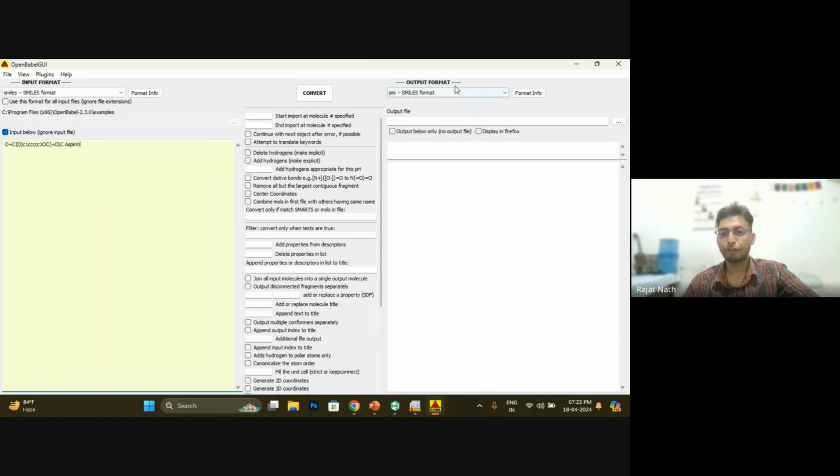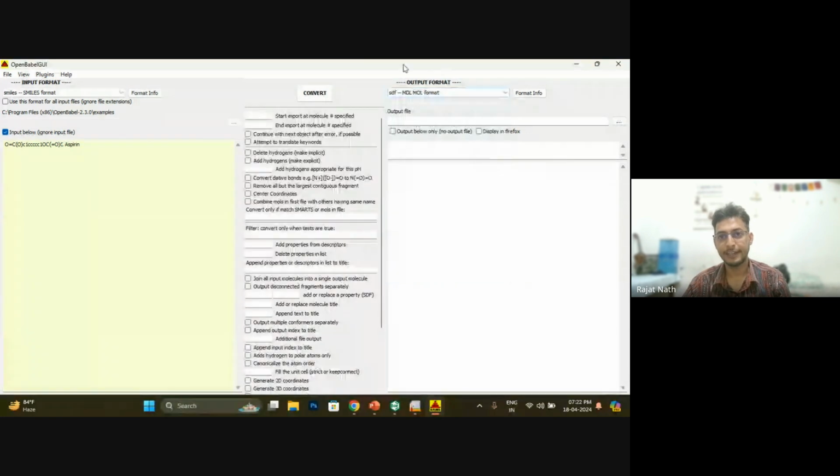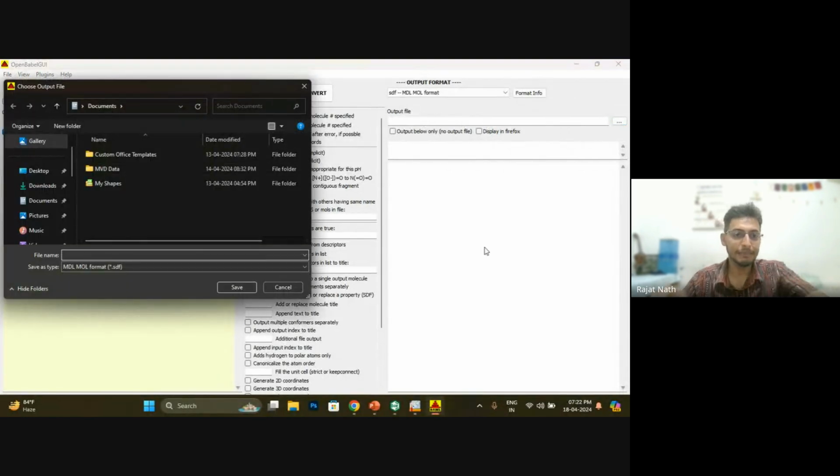Then go for the output format. I need PDB. So just scroll down and find the PDB. I have found the PDB. Then select the output file. Just click on the three dots and name the file. I'm writing this name as aspirin 2 because aspirin already exists in my system.